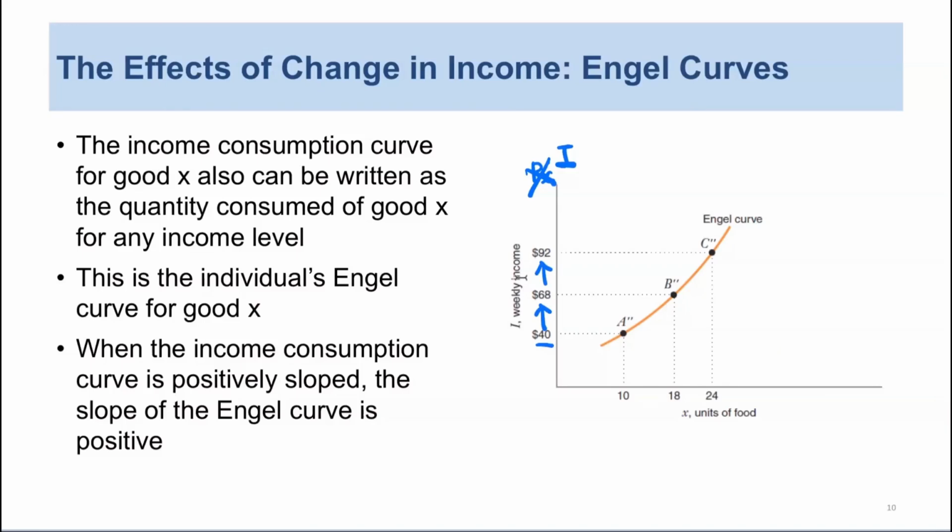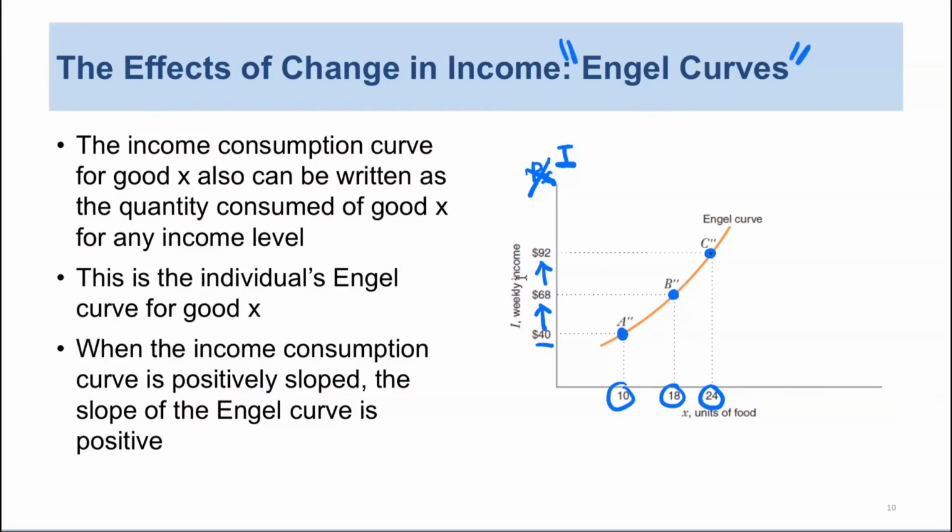Depending on each income level, we know that the utility maximizing consumption level of X is going to be 10, 18, and 24 respectively. This relationship between given income and utility maximizing units of good X is called Engel curves.